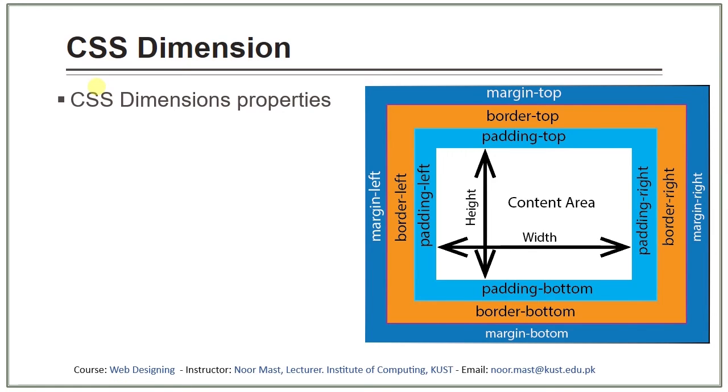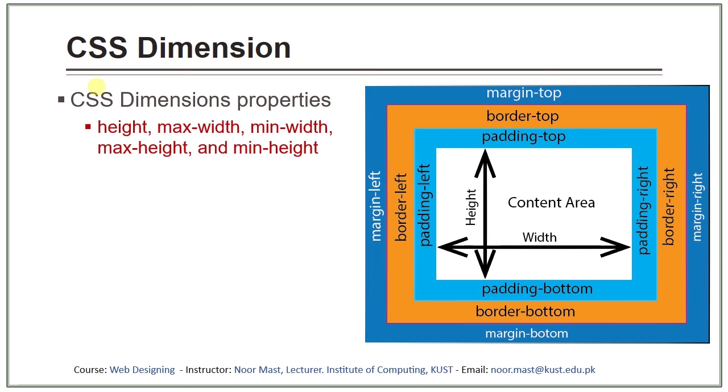CSS has several dimensional properties such as width and height, which we have already studied in the previous example. And there are also some other properties such as maximum width, maximum height, and minimum height that allow you to control the width and height of an element.